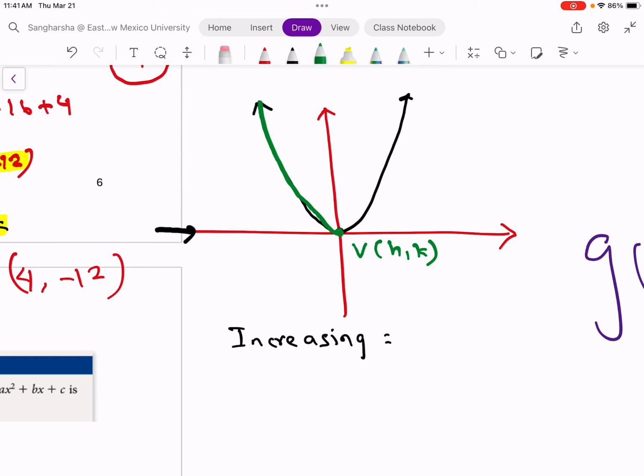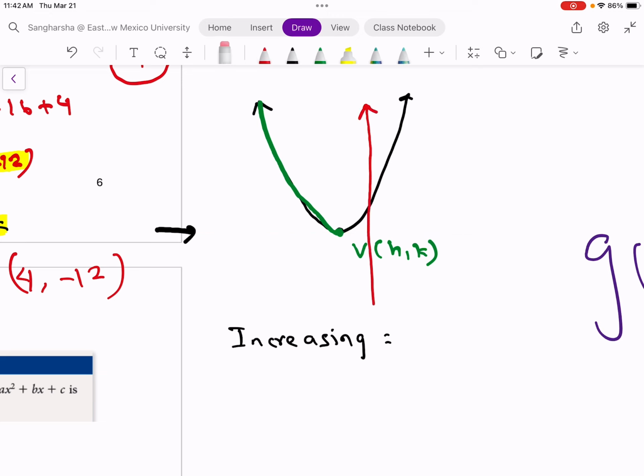Let me make a slight change here, because I don't want it to be (0, 0). Let me put my y-axis over here, so you won't have any confusion. Now this is the graph I have here.